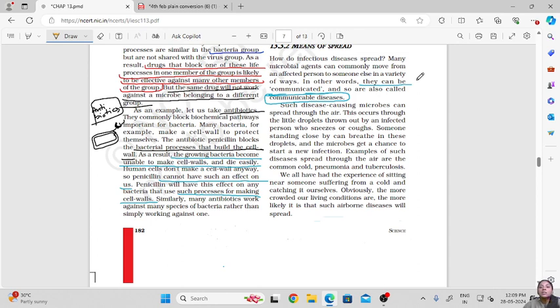Such disease causing microorganisms can spread through air. We have already learned about these airborne pathogens which can cause diseases in us. They spread through the little droplets thrown out by an infected person who sneezes or coughs. When someone is standing close by, they can breathe in these droplets.